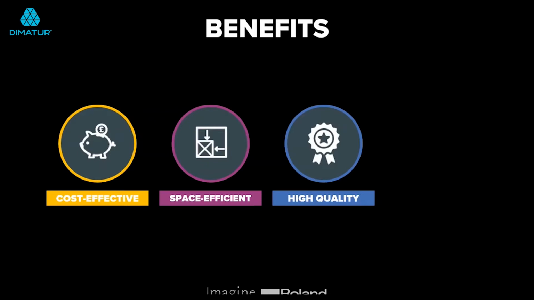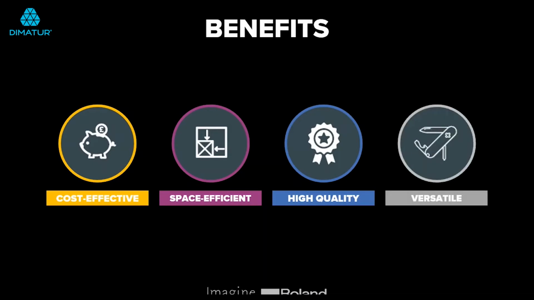Another factor to think about is the quality of the output that you can generate. Particularly with Roland devices, we pride ourselves on the quality of the output that our machines produce. And finally, versatility. Print and cut is incredibly versatile, and you'll see that in the coming slides.